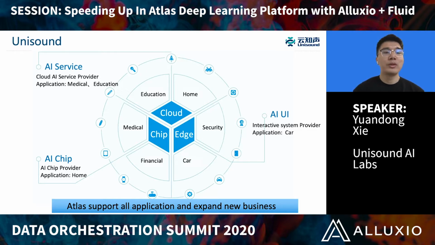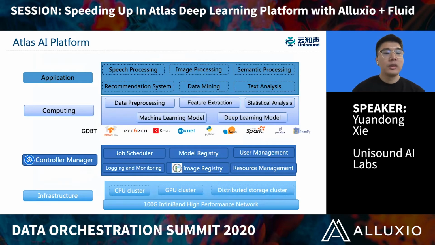The Atlas AI platform, with sufficient computing power and machine learning algorithms, helps to quickly expand our company in speech and semantic understanding and computer vision technology. In order to support our algorithm research in AI Labs, a uniform deep learning platform to support the various applications is needed.